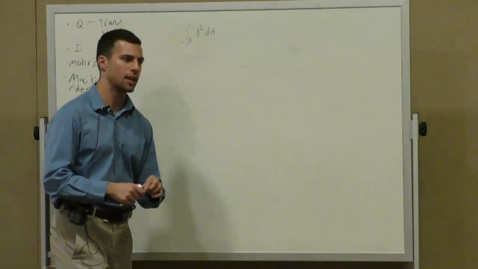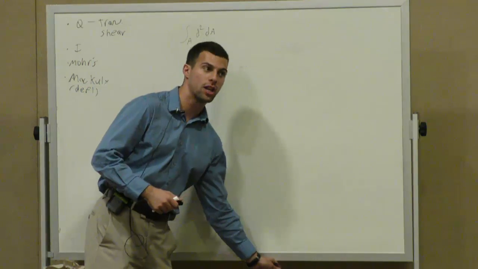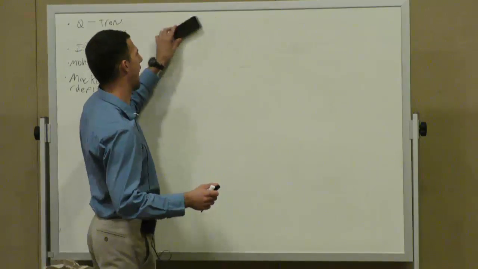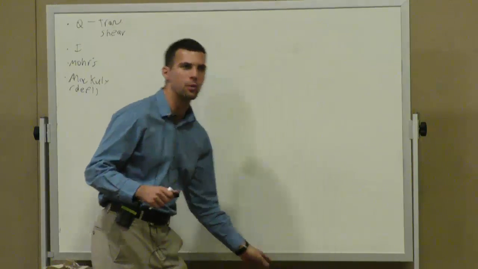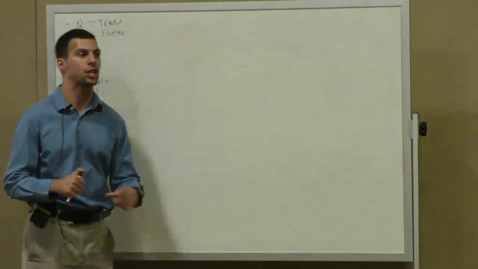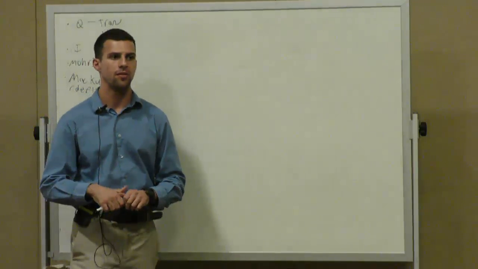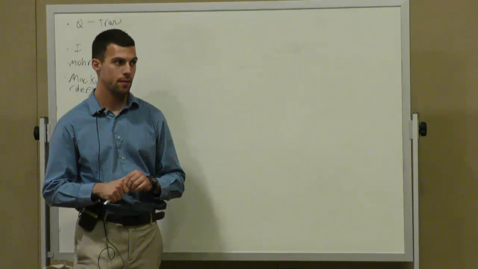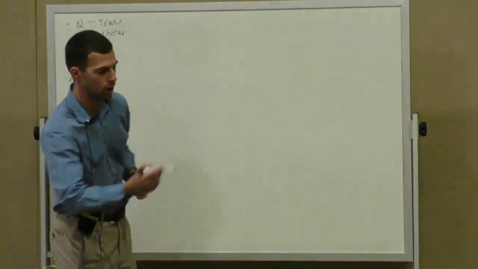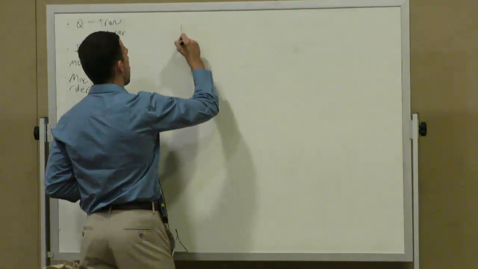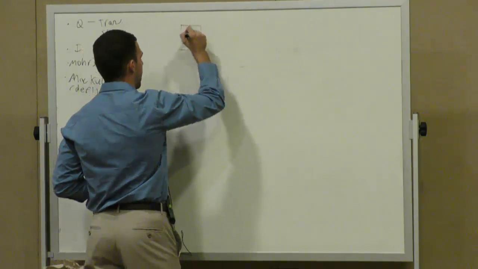In solid mechanics, we almost never do the integral version because we use nice, pretty shapes that have this all done for us. So everybody was mentioning the 1/12 bh cubed. What is that the area moment of inertia for? Rectangle, exactly. Now, which one is the base and which one is the height?